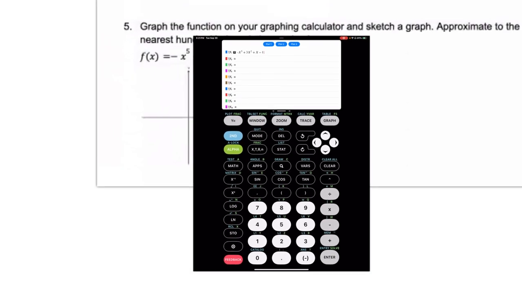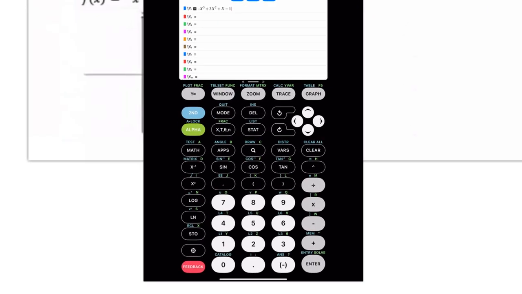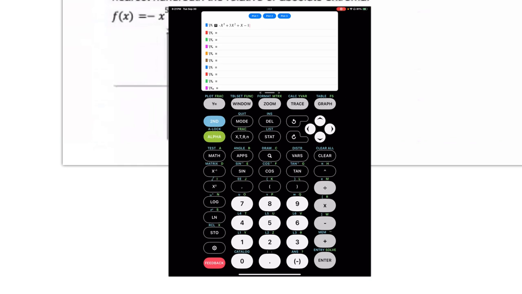Okay, so I had gone to the y equals in the top left area and put in the function. Can't hurt to graph it, so I'm going to hit the graph button. And here we go. We have this function here. Now, for my student watching, you could always use the zoom feature. If you click on that, you can zoom in, you can zoom out. You can adjust the window settings to find out exactly where you want to look on the graph.